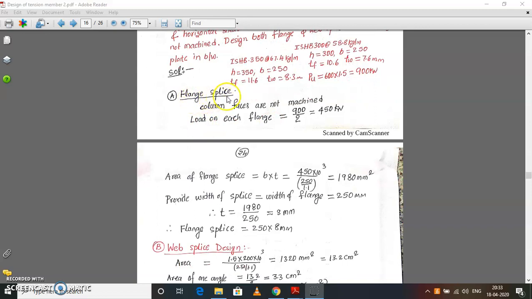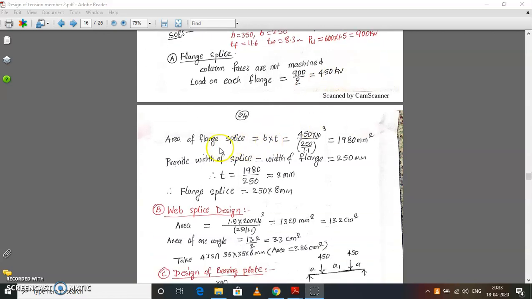So design of the flange splice. The column faces are not machined, so they are finished by manual means. Therefore, we have to consider 100% of the load. So load acting on each flange is 450 kilonewton. Now area of the flange splice is equal to B into T. Area equal to load by allowable stress.